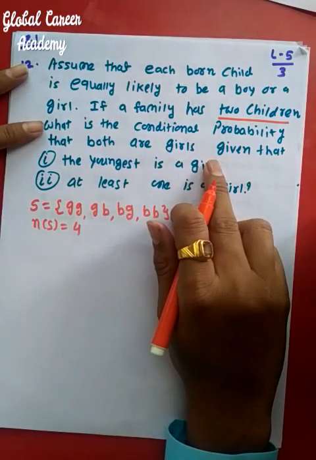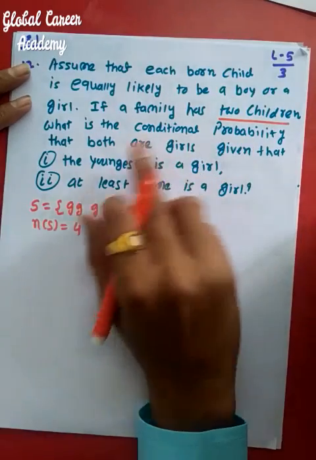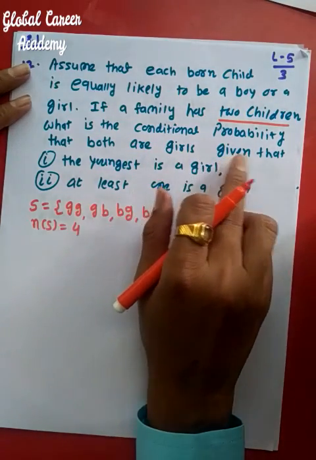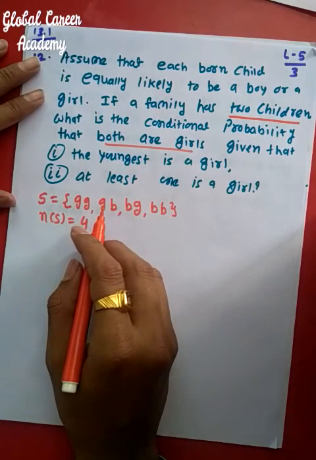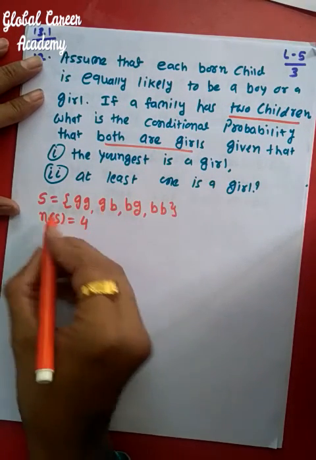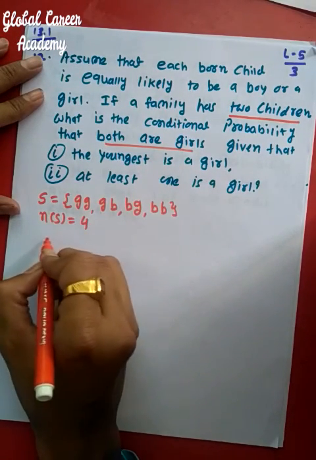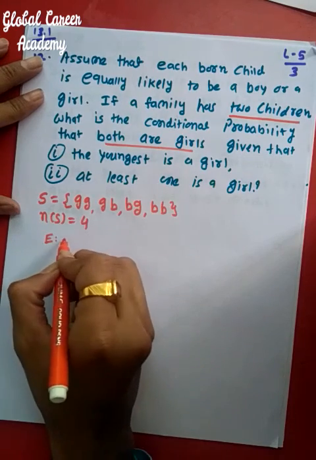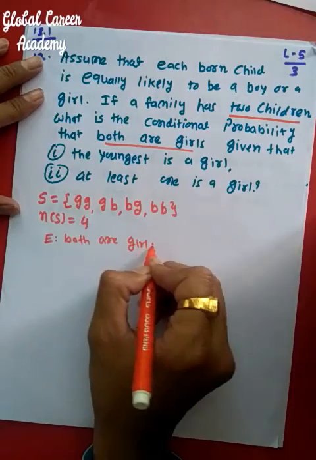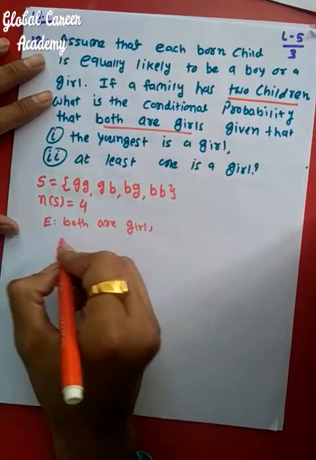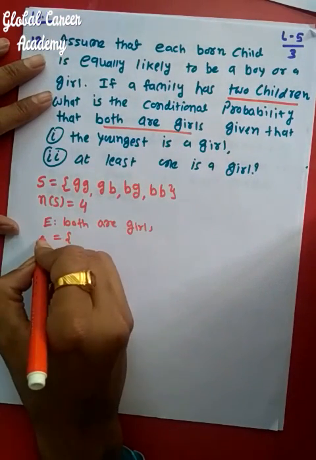Now what is the conditional probability if both are girls? So I will denote this event. The event where both are girls, I am writing first. Let us say it is E. Both are girls, and I can also write down its sample space.